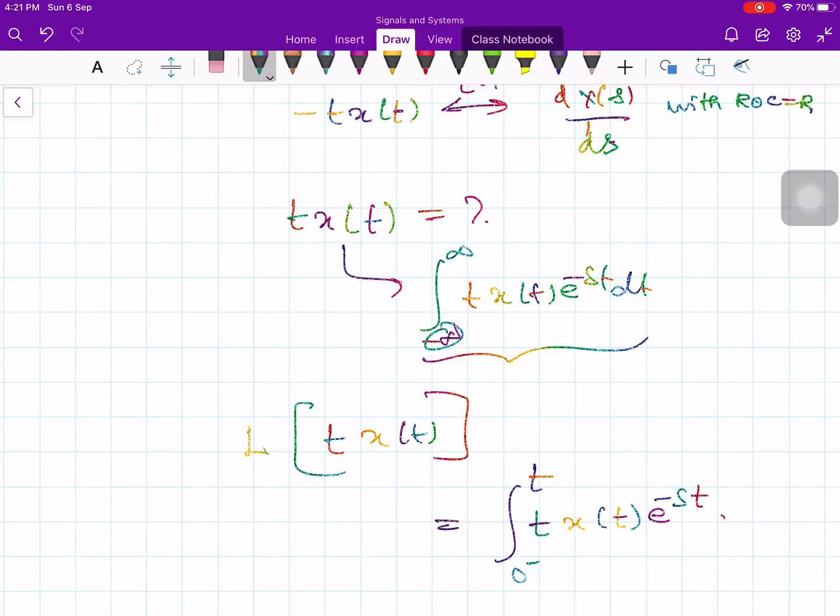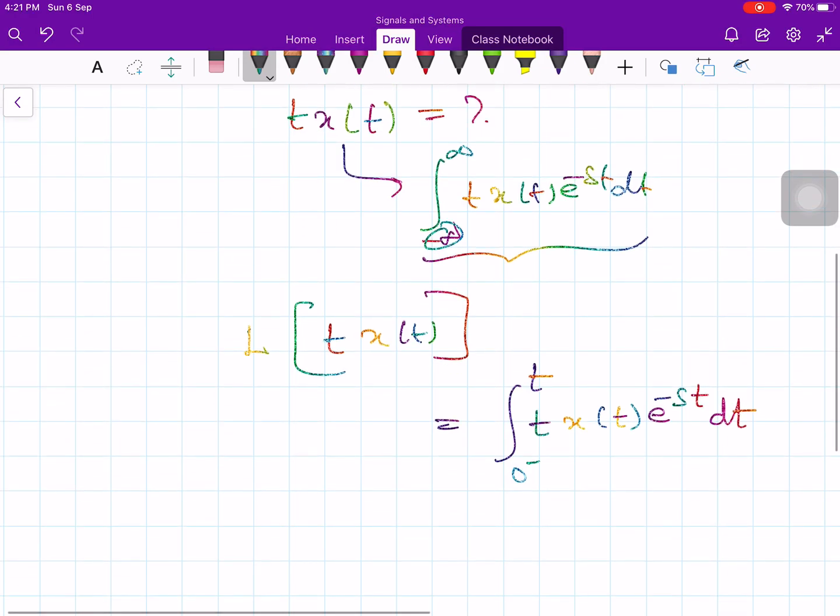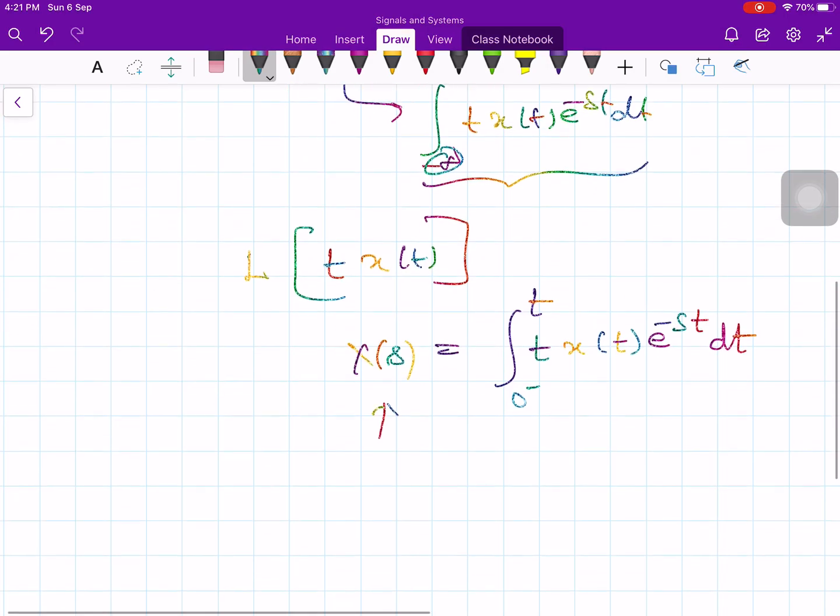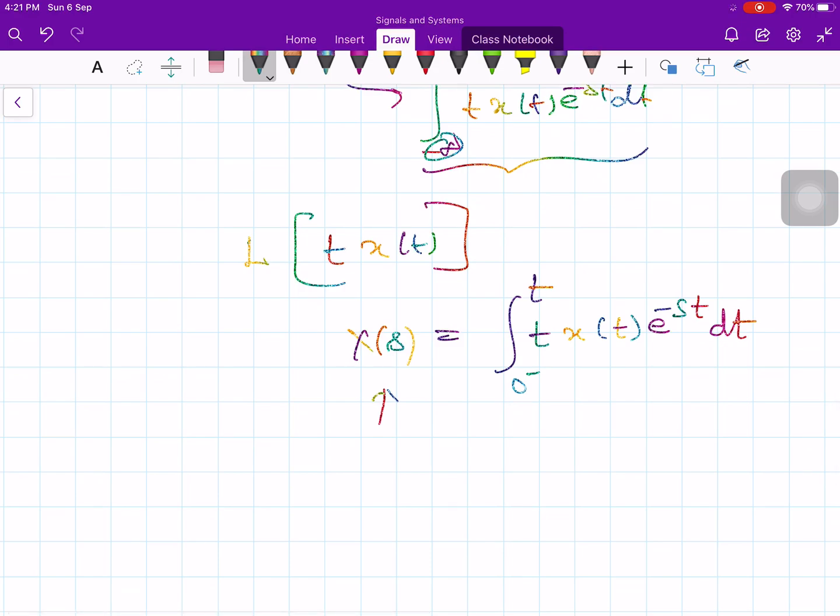Now to do this integration, let me take the derivative of this, which is my x of s, on both sides. So d over ds of x of s is equal to d over ds of the integral from 0 minus to infinity of x of t e to the minus st dt.